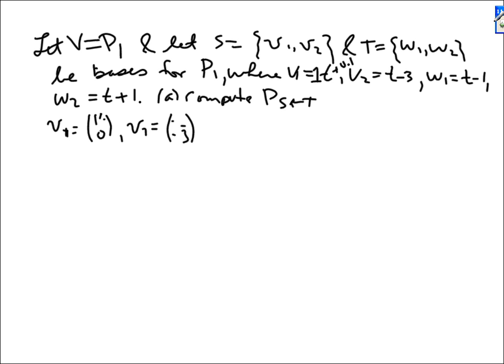And V2 is 1t minus 3 ones. So it's 1, negative 3. And W1 is 1t minus 1. And W2 is 1t plus 1, so 1, 1.